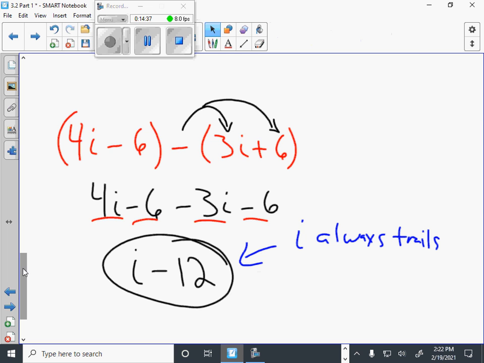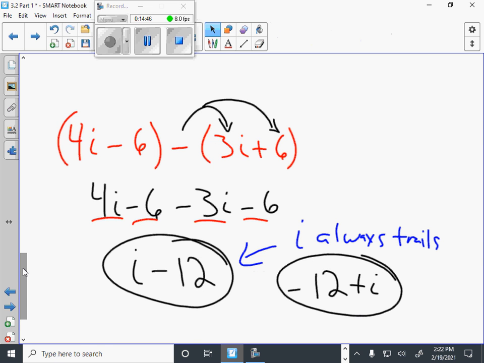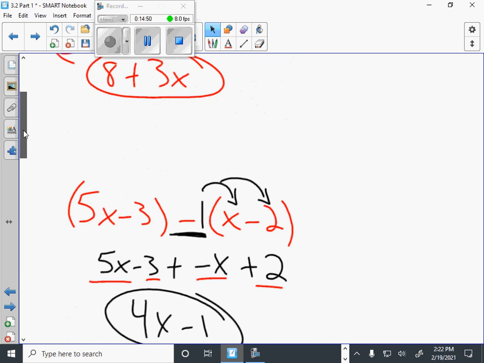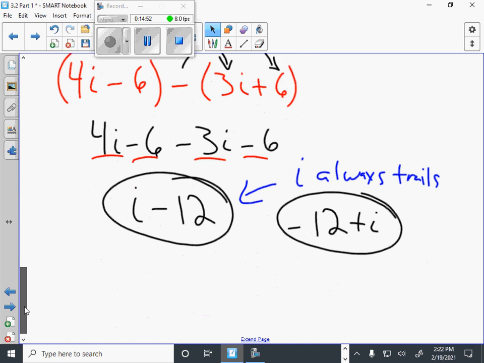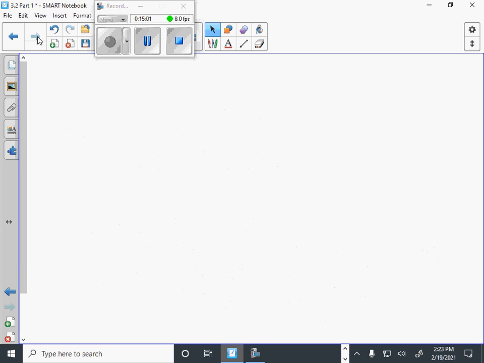So this in standard form would be negative 12 plus i. The i always comes last. Let's see if I made that mistake up here. No. And with i, always trails. Okay? Okay, that's it.